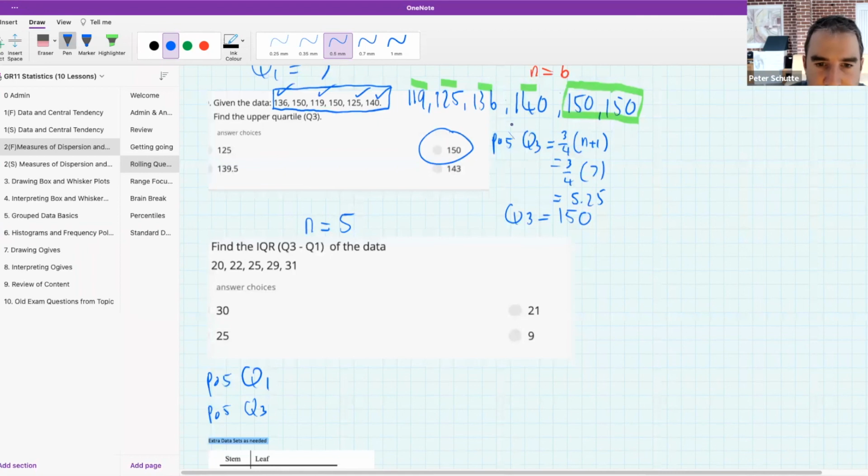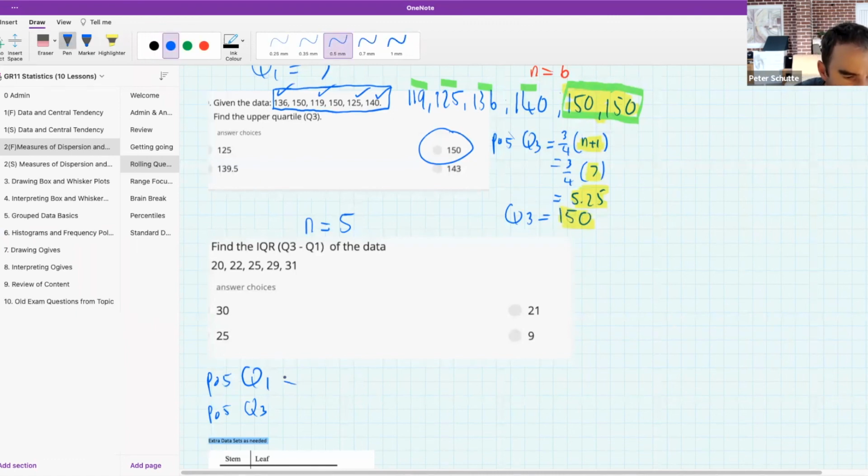I then put n is 6 into this calculation, which is over here, and that's why I get 7. Then the position I got was 5.25. If I go to my list, position 5.25 is going to be between these two numbers. And so that's why I have to average them out. I basically have to go 150 plus 150 divided by 2, which is going to give me 150. And that is why it's Q3.